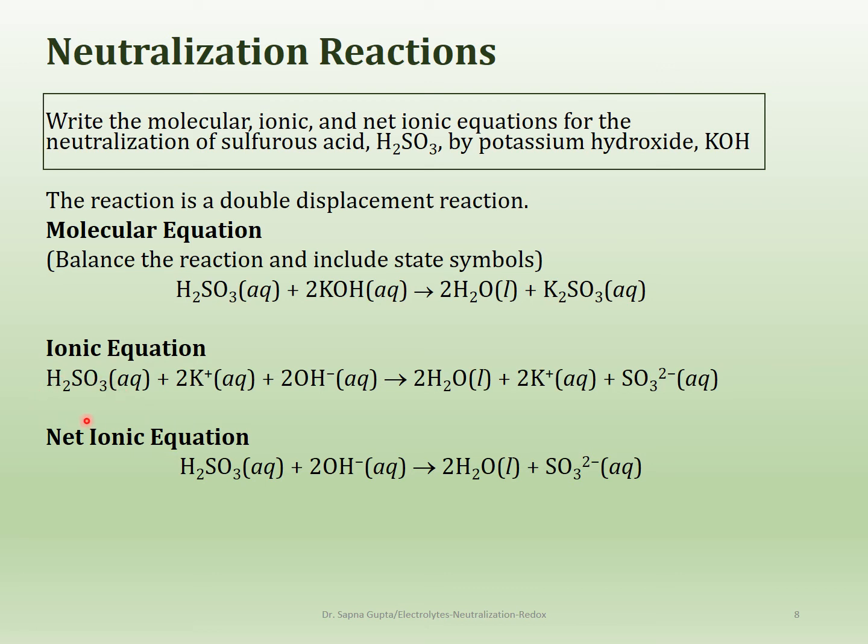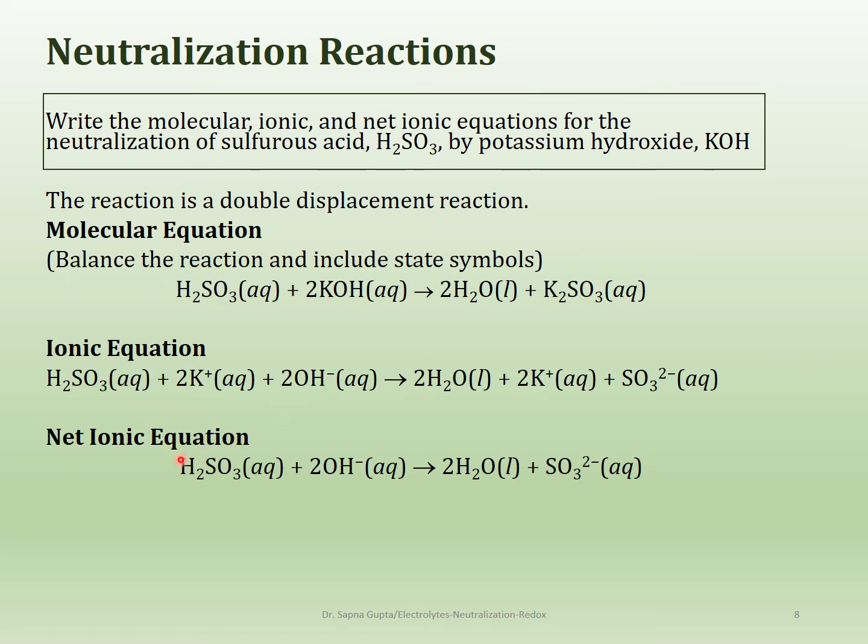Here it's still there a little bit, not too much though. And then we have the potassium ions and the hydroxide ions to give water as a liquid, and then the potassium ions and sulfite ions in the solution. These ions are coming from whatever little bit of sulfurous acid was dissociated.